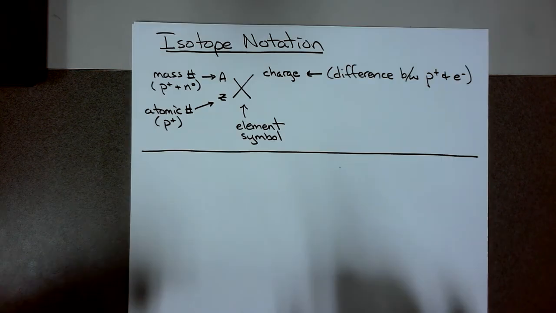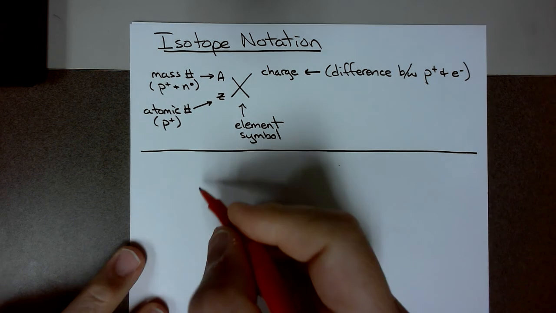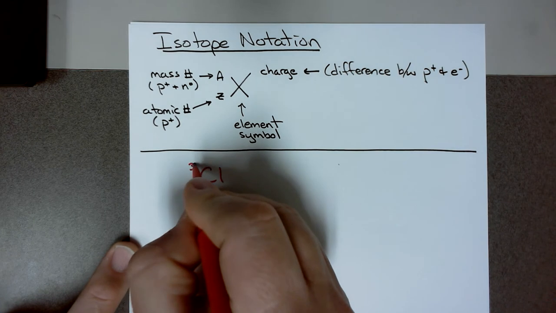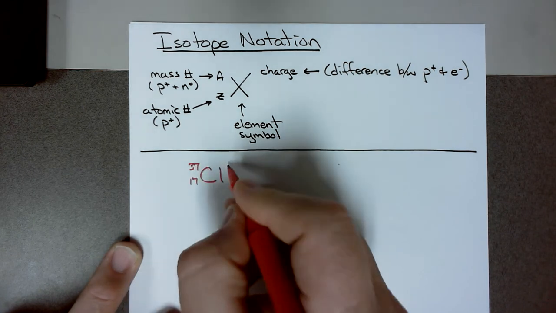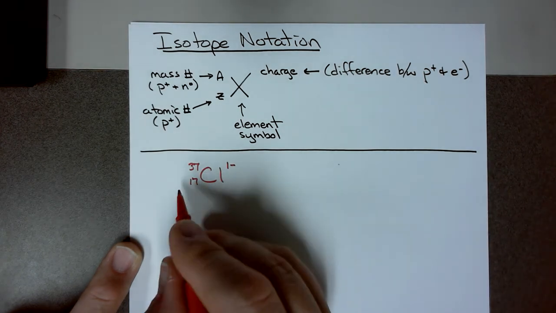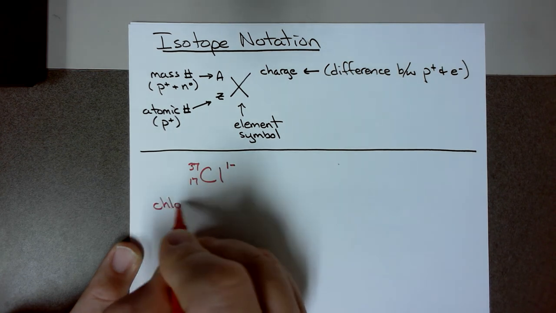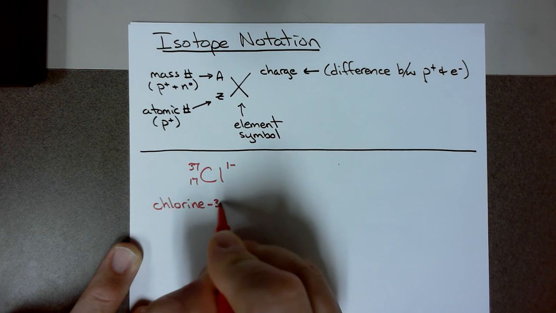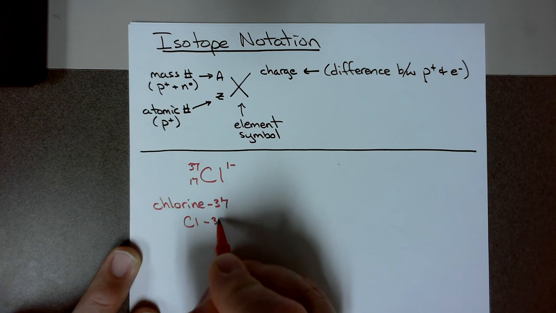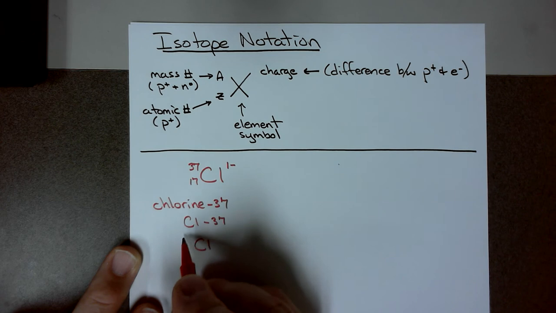So let's look at, if I take chlorine, and if I wrote chlorine 37 over 17 and I wrote a 1 minus. Now the way we would write this is that this isotope could be written as chlorine 37 isotope, or you can say Cl 37 isotope, or we can represent it as just Cl 37.